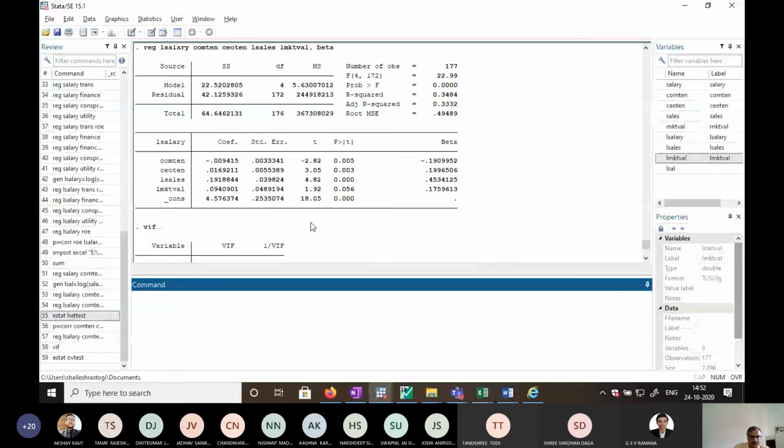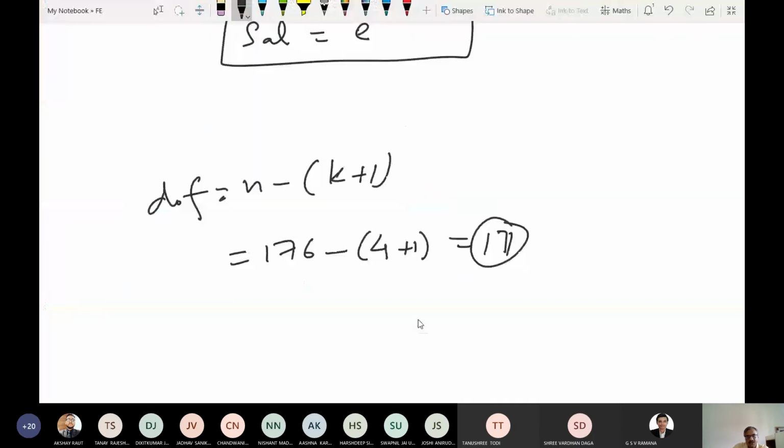This is not the total number of observations. 177 is the total number of observations.